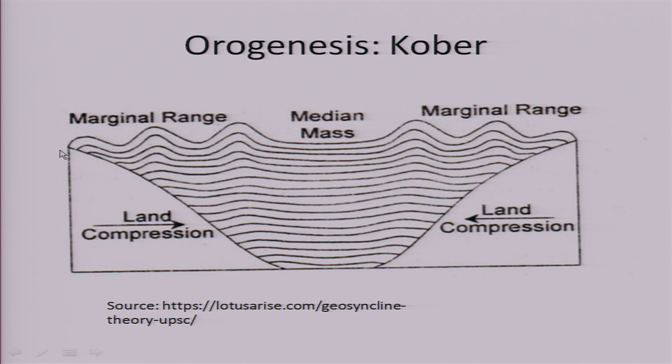From the forelands, sediments are brought over here and accumulated in the geosynclines, and after that it subsides, and then a stress or compressional force is generated, due to which the marginal ranges in this figure are getting folded, and there is a median mass in between the two marginal ranges. And as I told you, if the geosynclines are narrow, then maybe the entire mass will be folded like this here also, and there will be no median mass. This is also one case. So, in this figure it is very clear.